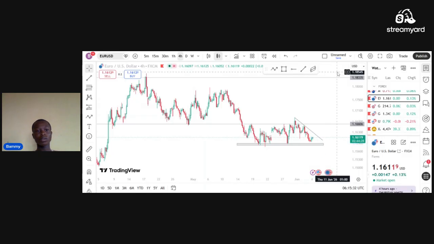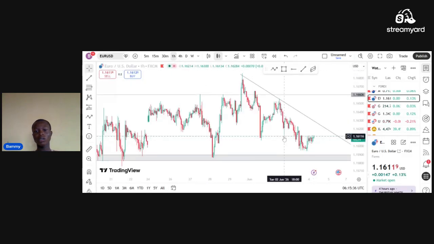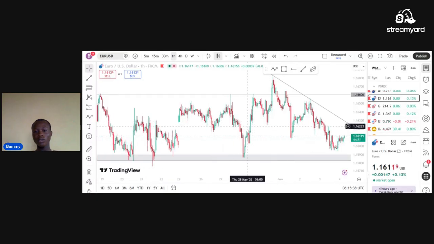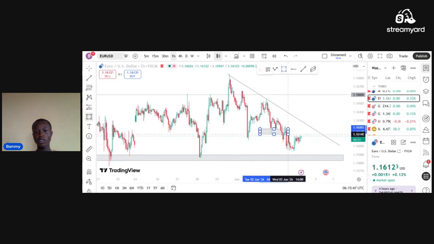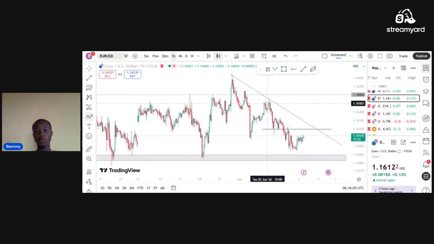So I go to 1 hour. On 1 hour, what can I see? I can see a support here. The reason why I call this a support is because the market released from that area before.